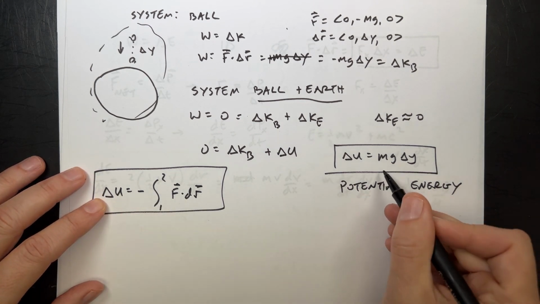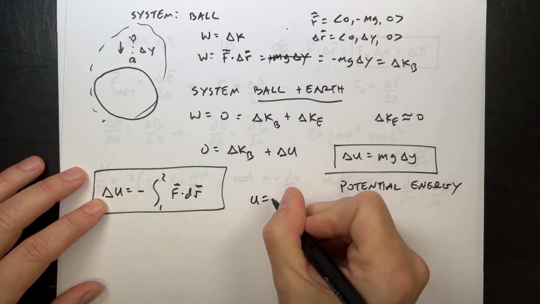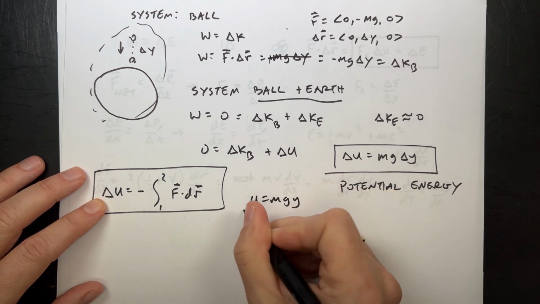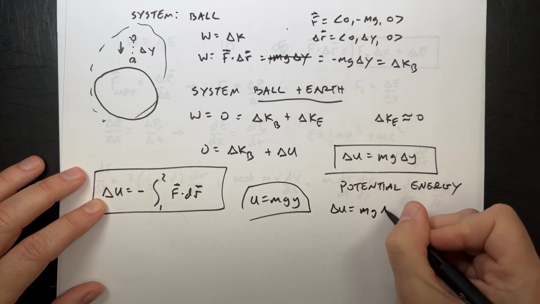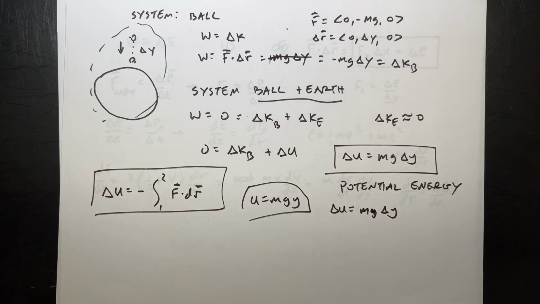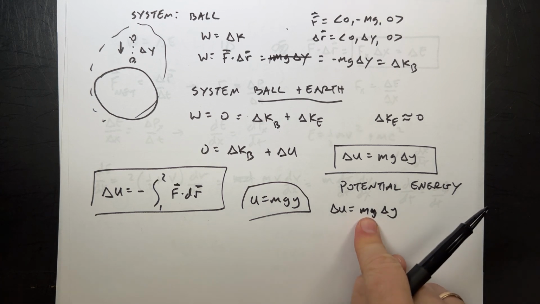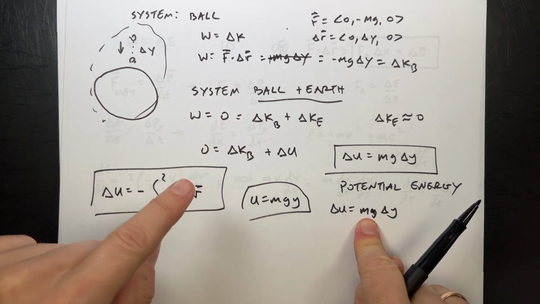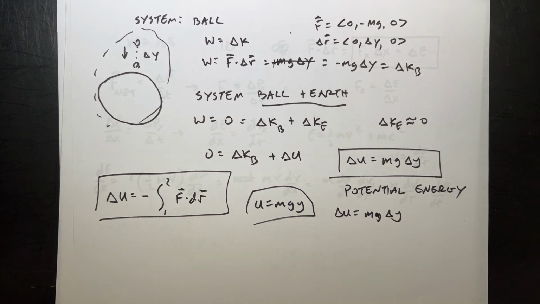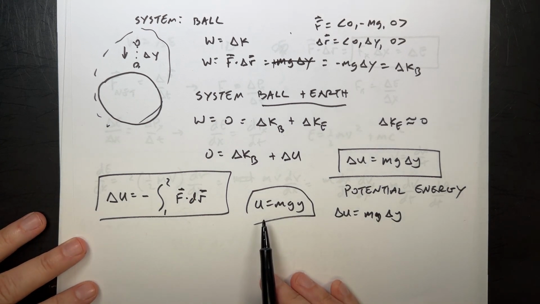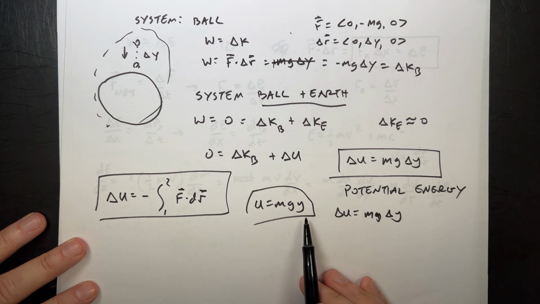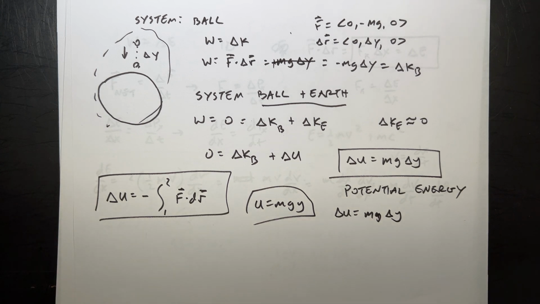Okay, we will often write this as U equals mgy. But delta U, the change in potential, would be mg delta y. Make sure that you understand that it's delta U that shows up in the work energy equation, not U. And in fact, U doesn't really mean anything because you could define where y is equal to 0 anywhere you want, and the thing should still work.